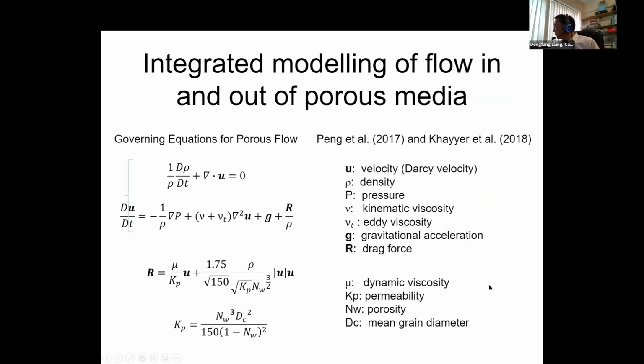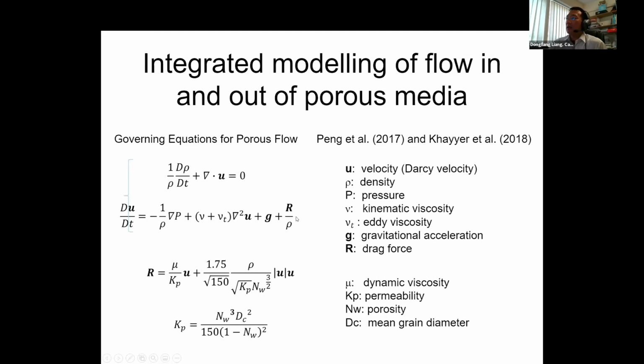The governing equations for the flow inside and outside the porous media, or the permeable beach, are like this. So here U is simply the flow velocity in the pure fluid region, but inside the porous media, it is the Darcy equivalent velocity.